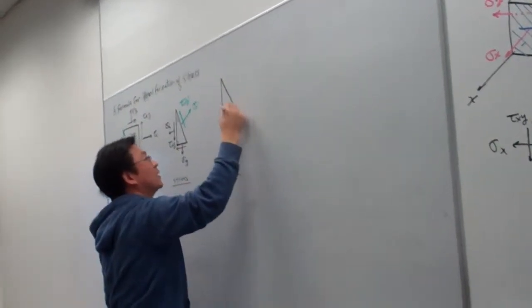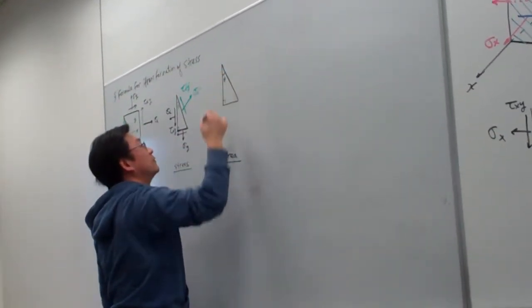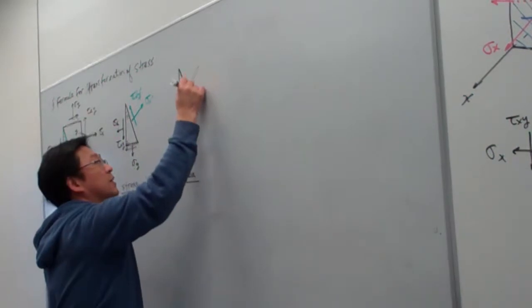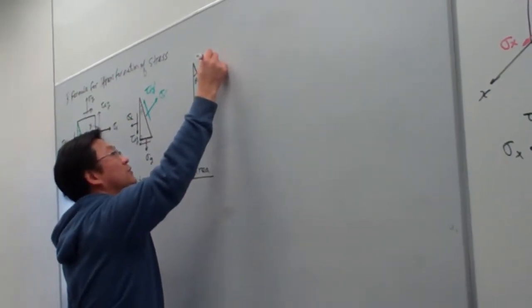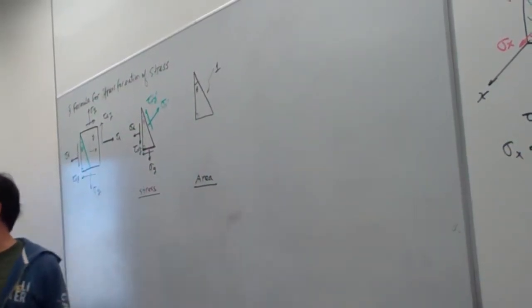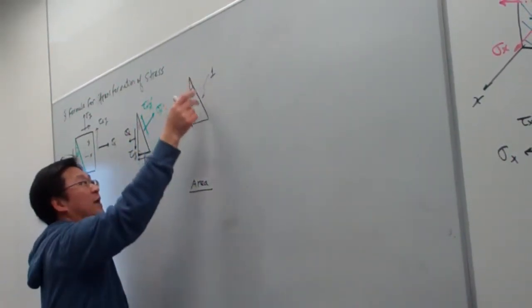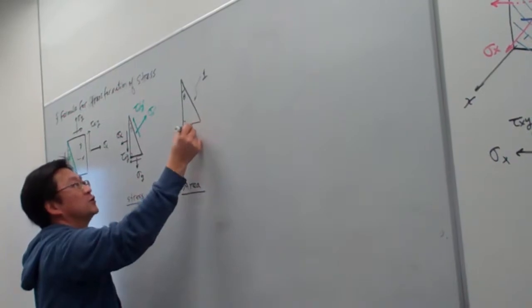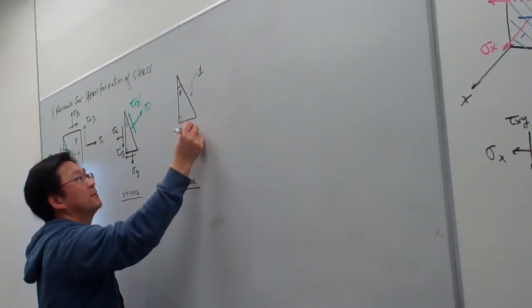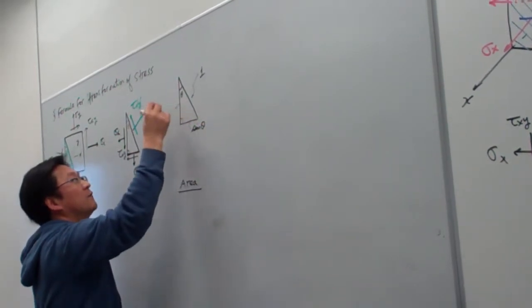Now for this one, I want to show the area. For example, say this area has a magnitude equal to 1. Okay, if this area is 1, then how much is this area? Sine theta? And this area is how much?